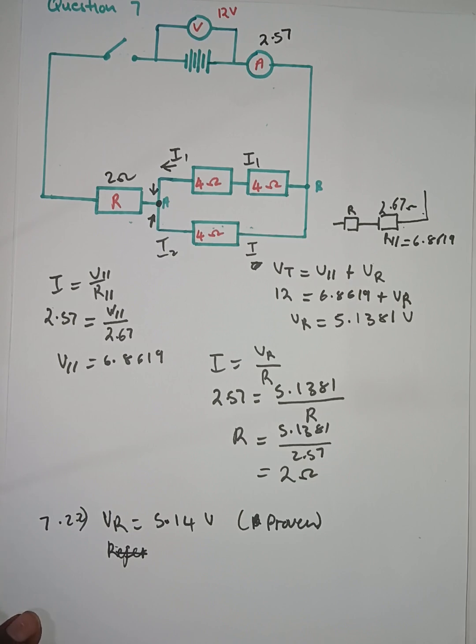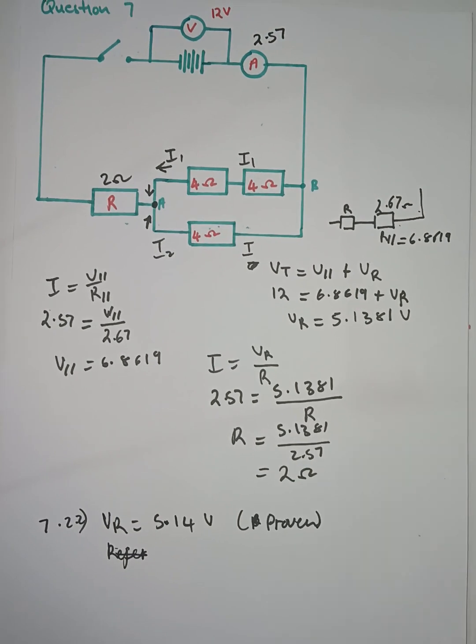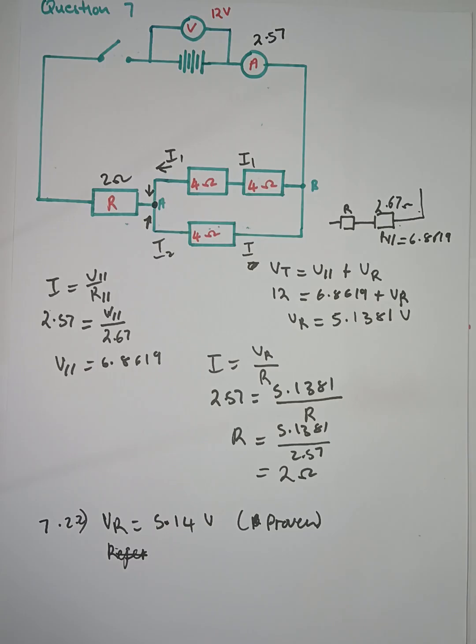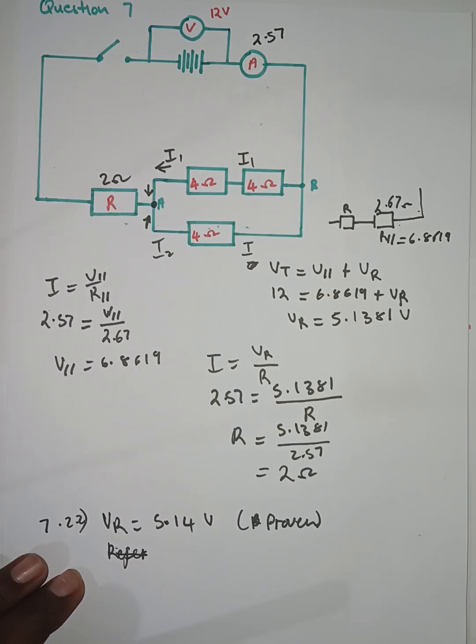So that would be for that question. How many marks was that? This last one was 2 marks, and 7.2.1 was actually 4 marks. So that's how you could have got those marks.